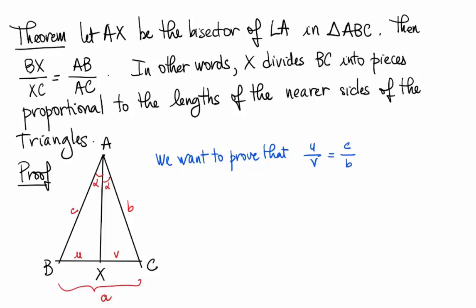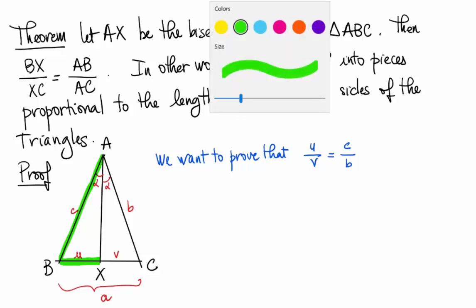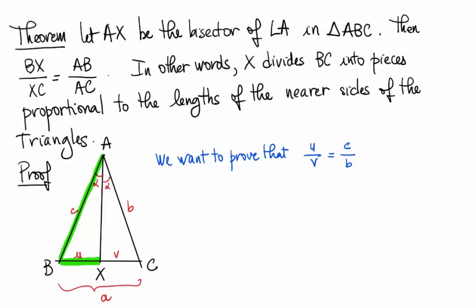In other words, green over blue is equal to the other green over the other blue.